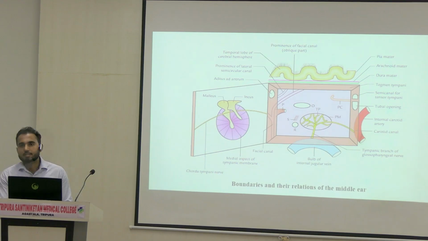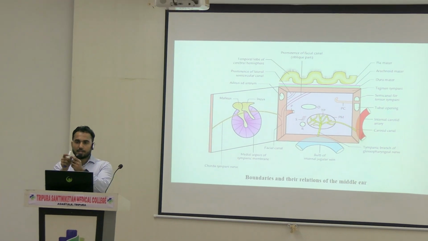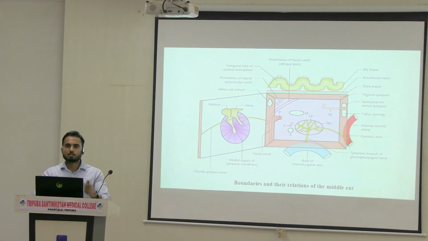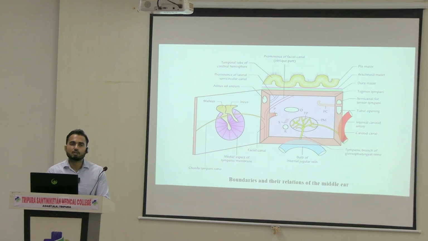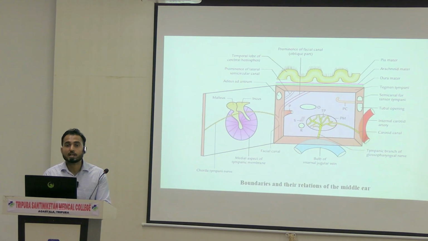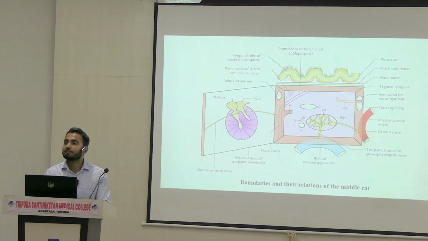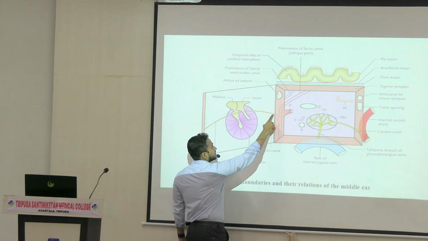Okay, a canaliculus is there, that is called the posterior canaliculus. From the facial canal, another canaliculus is coming out, called the posterior canaliculus. And in that posterior canaliculus, what is present? Chorda tympani nerve is present. Chorda tympani nerve is a branch of the facial nerve. So here you can see this is the posterior canaliculus.